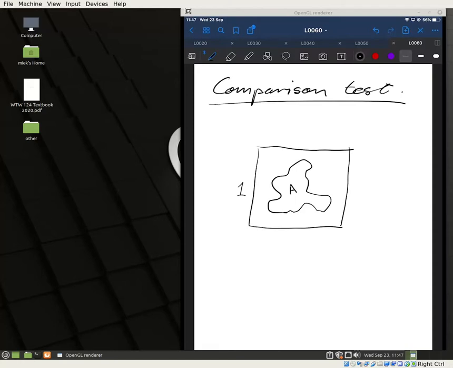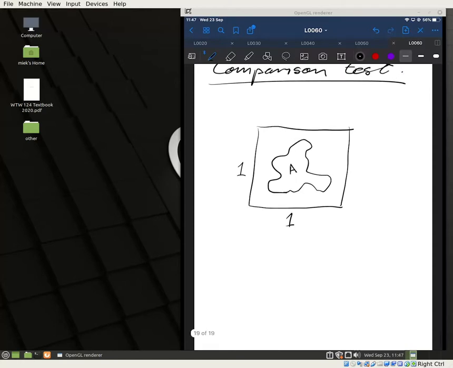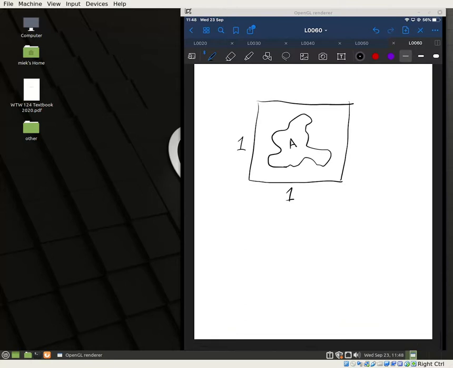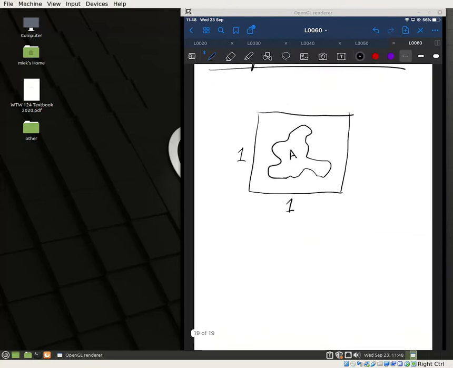this shape is contained in a square with side lengths 1 unit, we know something about the area of this shape A. We know that the area of A is less than 1 because the square has area 1.